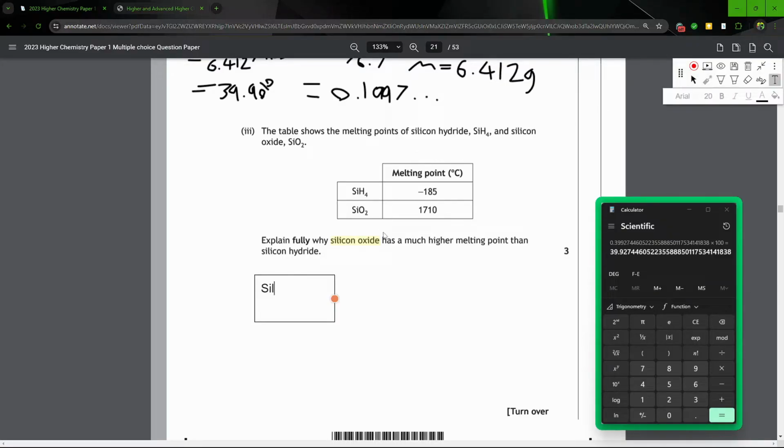So silicon oxide is a covalent network substance. There we go.